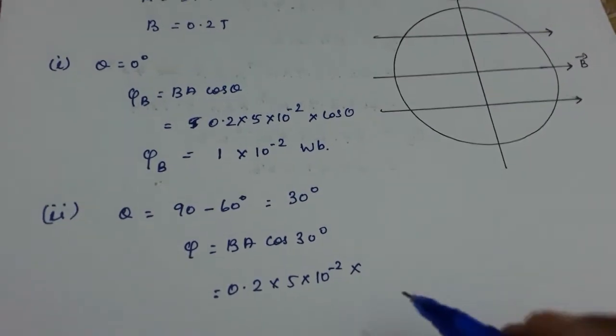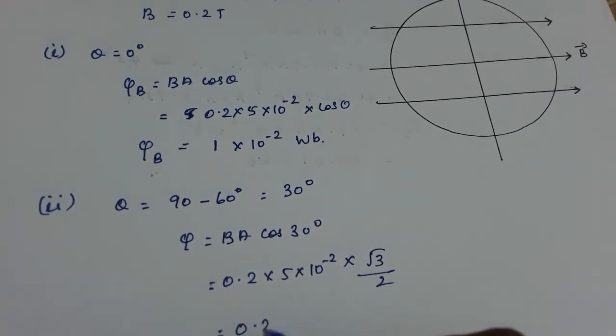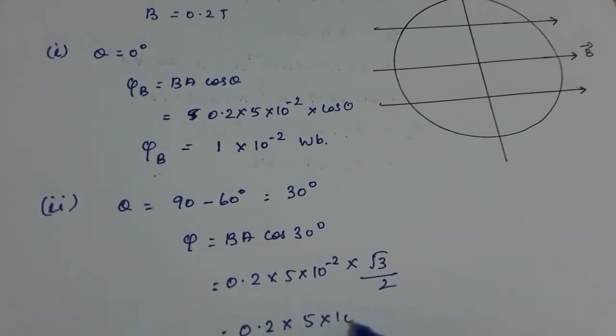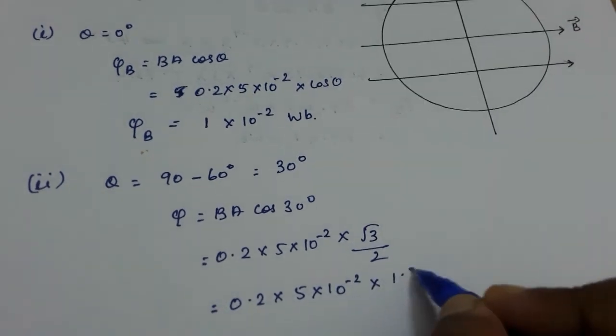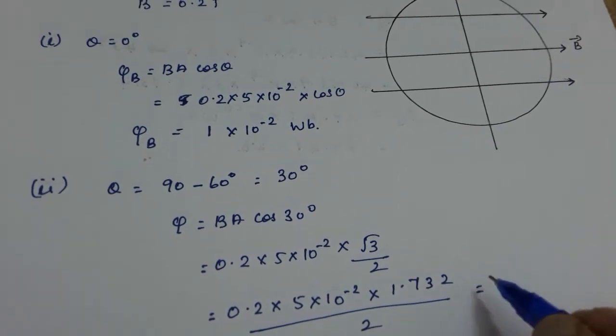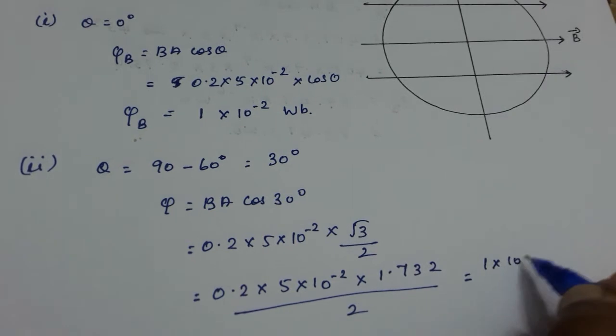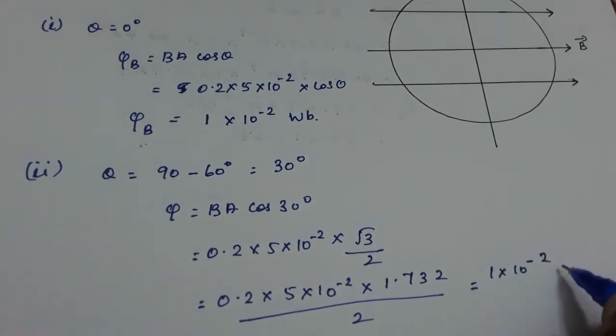Cos 30 is root 3 by 2. Okay. So this can be written as 0.2 into 5 into 10 raised to minus 2 into 1.732 divided by 2.